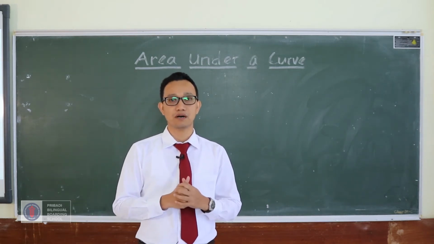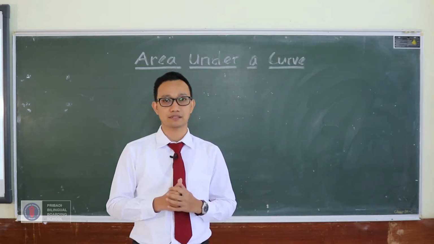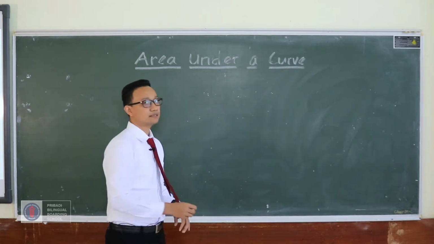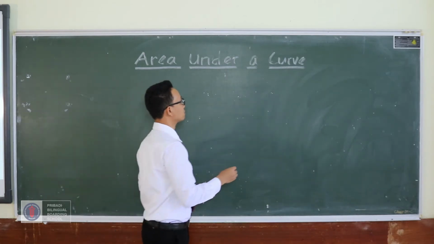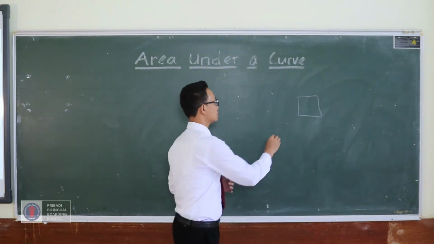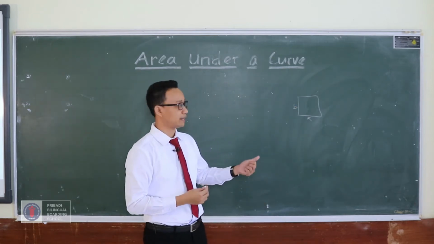understand before how we can calculate the area of some polygons, okay? So you maybe can find the area of a rectangle, let's say, right? A rectangle is very easy. You just multiply A times B, A and B, right?